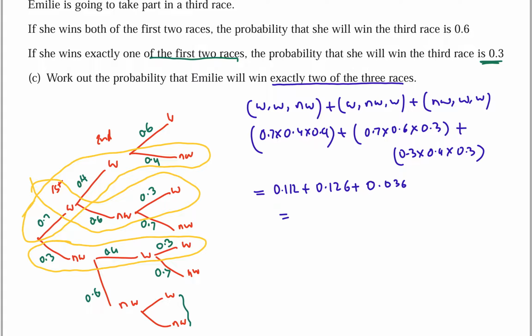So that equals 0.274, and that is the answer.